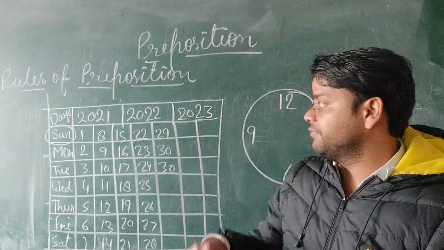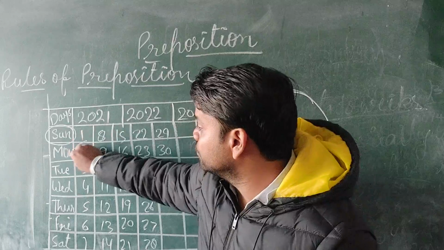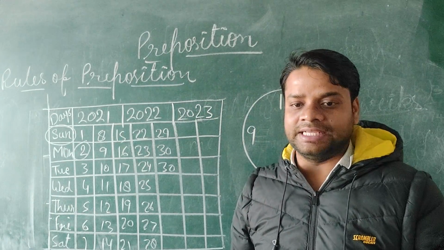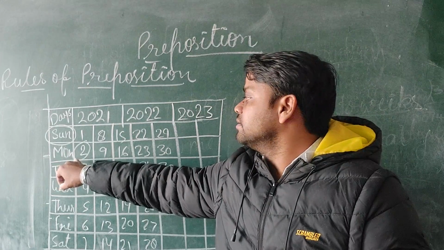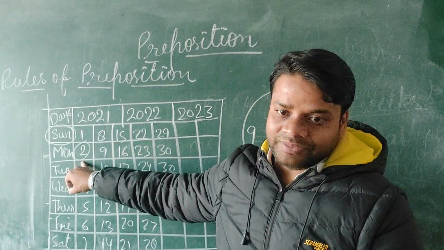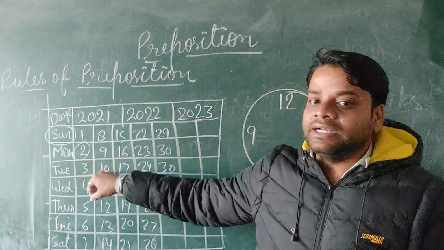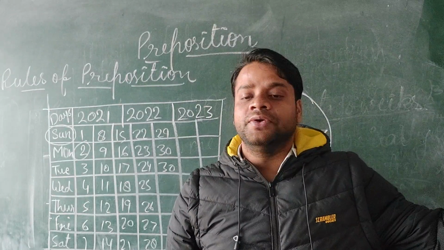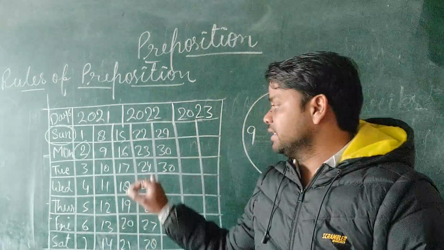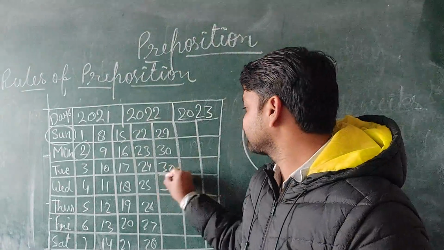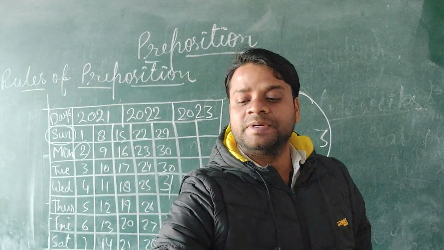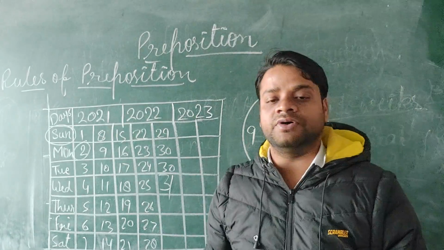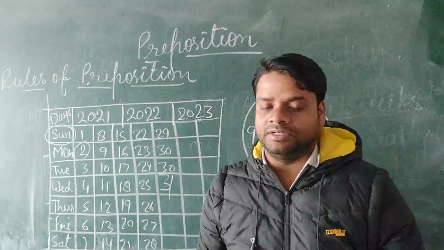But if I say the second day of January, that is 2nd January, it is clear, so there we will use since. If we talk about 15 days, which 15 days are we talking about? There are 31 days, but which 15 days? It is not sure, so there we will write for, not since.